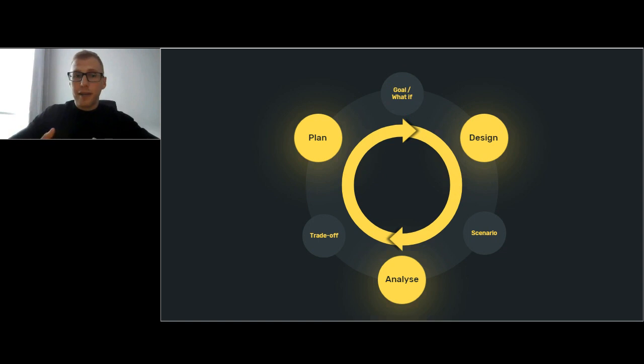So basically we have three main activities: plan, design, analyze, right? Typically we plan a goal or we plan a what-if. Then we design a scenario or a couple of scenarios. And then we analyze trade-offs between those scenarios. Then we get some new information, new insights, and we go for the second loop.